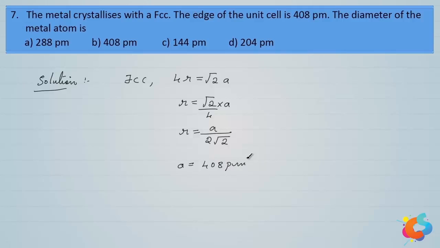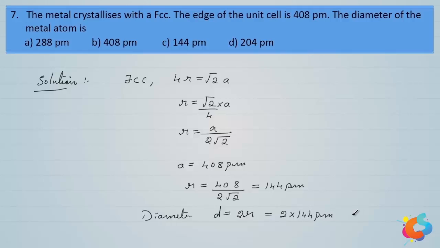By substituting this value, we get R as 408 divided by 2 root 2, which is equal to 144 picometer. In order to calculate the diameter, we have the relation D equal to 2 into R, which is equal to 2 into 144 picometer, which is equal to 288 picometer. And the right option is option A.